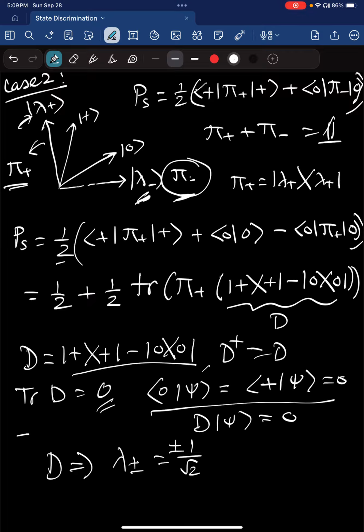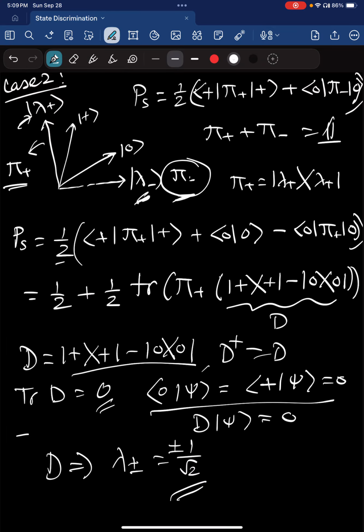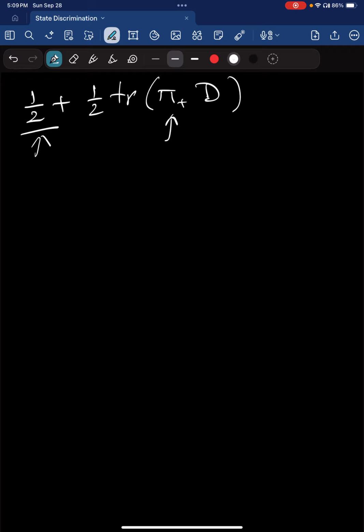Okay, so we have found that we are trying to choose the pi plus in a way so that this part, you can say, is already 50%, and this is the additional probability we are having, and we are trying to choose pi plus in a way so that the whole thing is maximized.